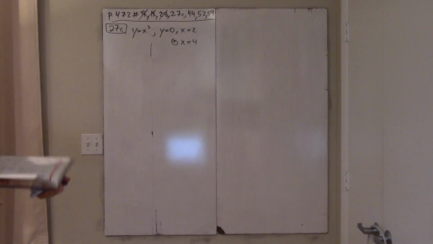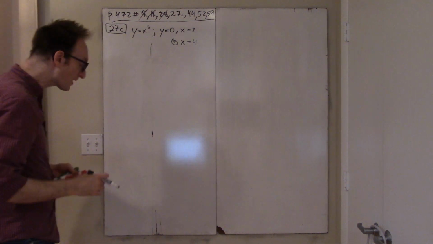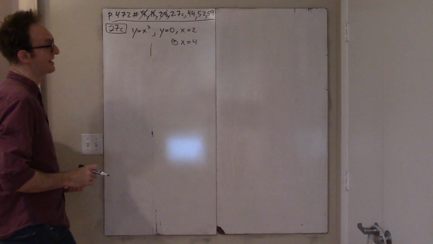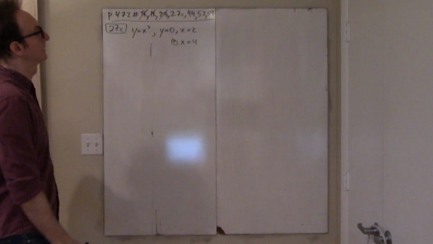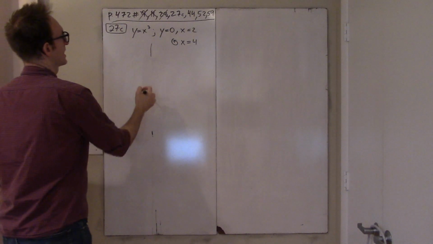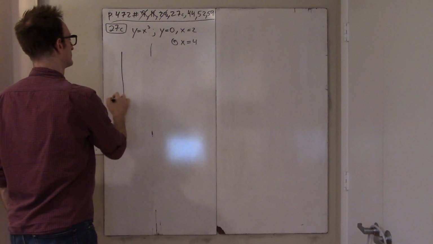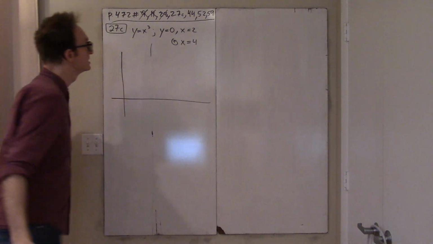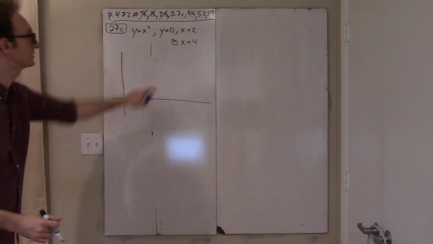Okay, well, I have to decide whether to do this with shells or disks and washers, which suggests that one way might not be possible or one way might be harder than the other, so I don't know. Let's figure out what our region is first. I'm rotating about x equals 4. So y equals x cubed between y equals 0 and x equals 2.